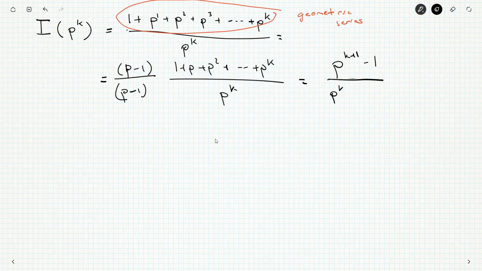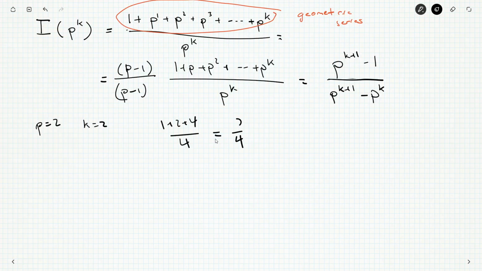We'll have p to the k plus 1 minus 1 over p to the k plus 1 minus p to the k. So this should be our formula. I'm just going to quickly test it out. If p is equal to 2 and k is equal to 2, we get 1 plus 2 plus 4 all over 4. So 7 over 4. And what would my formula say? It would say 8 minus 1 over 8 minus 4, which is 7 over 4. So yeah, that works.